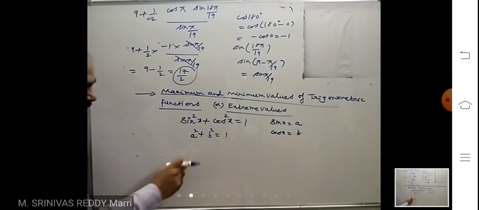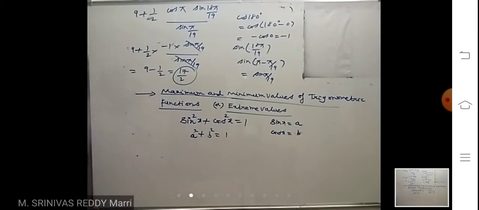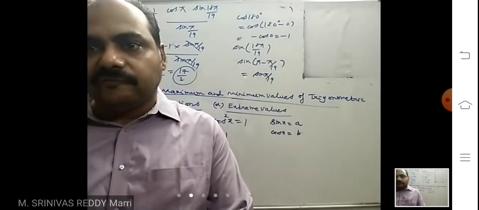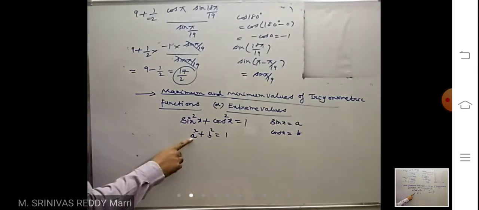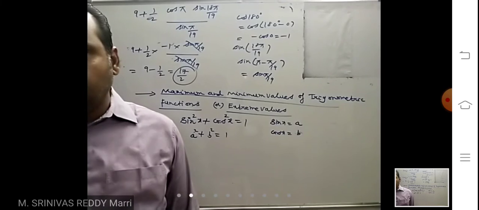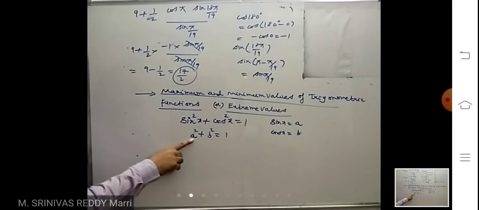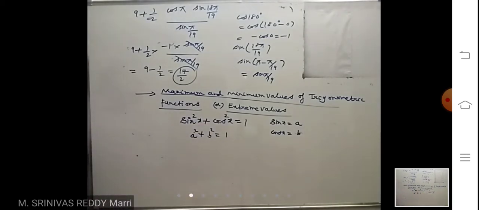Similarly, suppose a is minus 1 and b is 0. This is minus 1 square and this is 0 square. That means the minimum value of a is minus 1, and the maximum value of a is 1. Suppose you take more than 1, say a is 1.1. 1.1 square is more than 1, so it is crossing 1, and even if b equals 0, the sum cannot be 1.